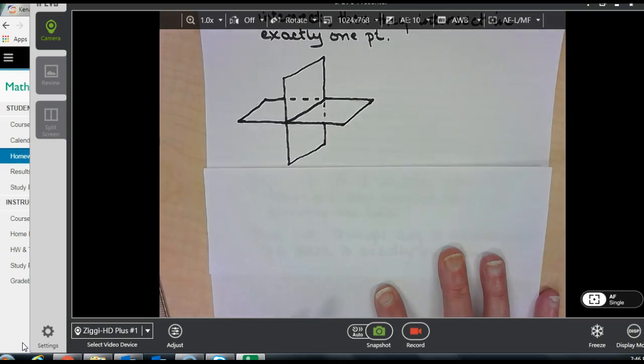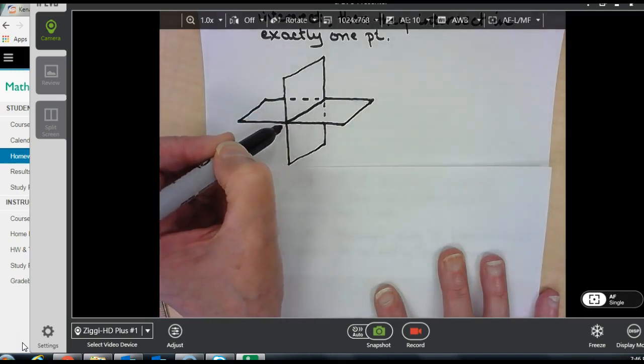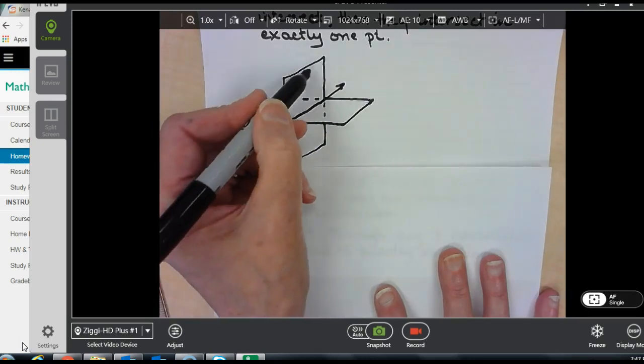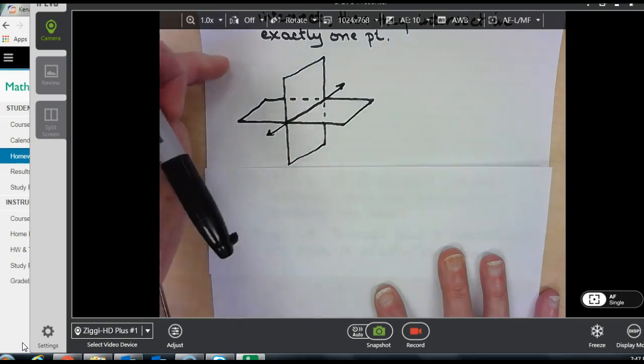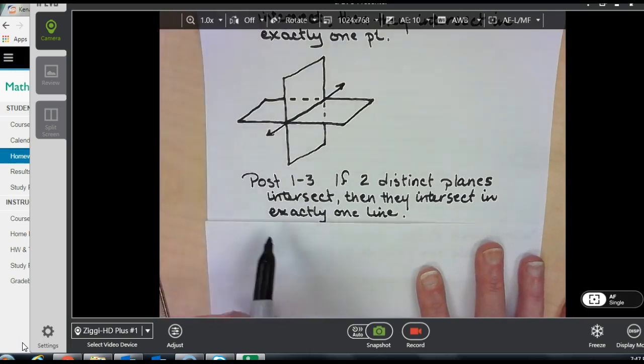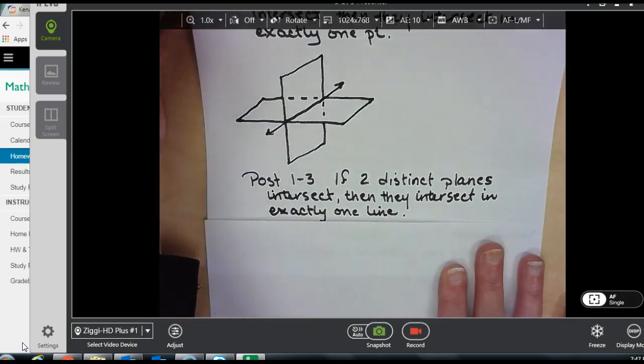And we've intersected two planes. If we look at this intersection right here, we can extend this out, because remember, a plane goes on forever in all directions, even though we just symbolize it ending there. And we get our next postulate. The next postulate says, if two distinct planes intersect, then they intersect in exactly one line.